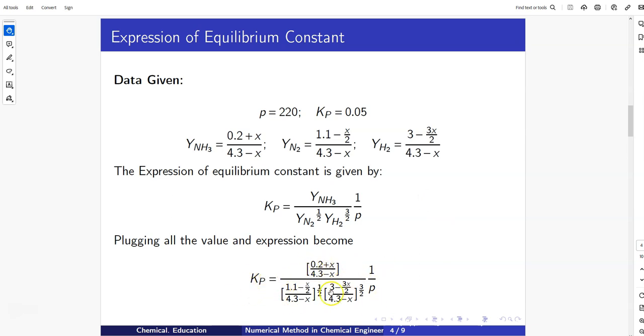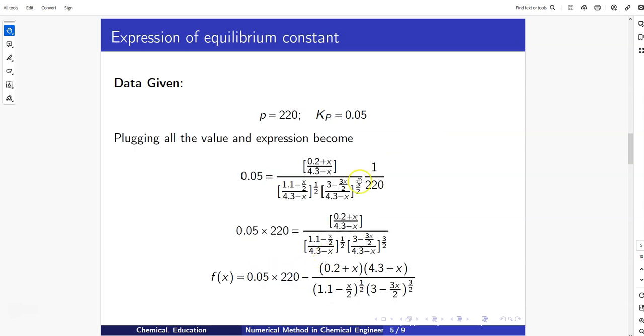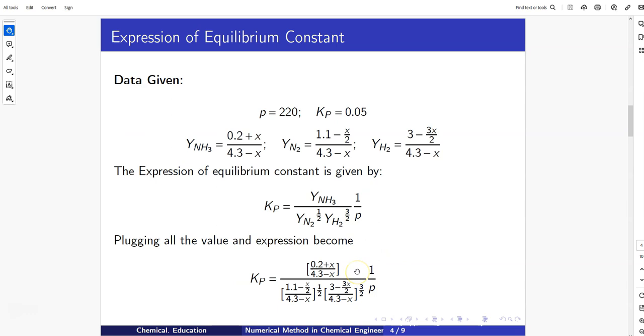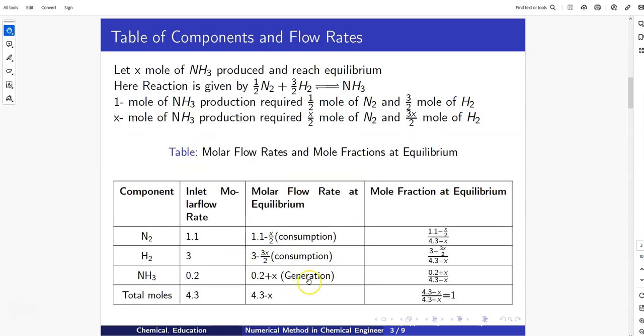If we then put in the Kp value and P value, finally we get one nonlinear equation. If we solve the nonlinear equation, we get X. After getting X, if we plug in the value of X, we get the molar flow rates at equilibrium as well as the mole fraction of all the components.